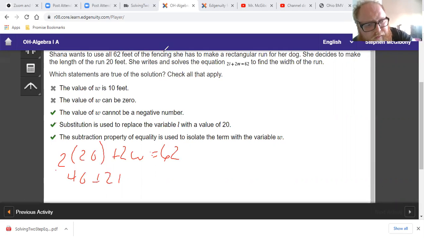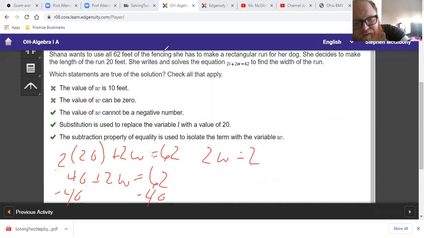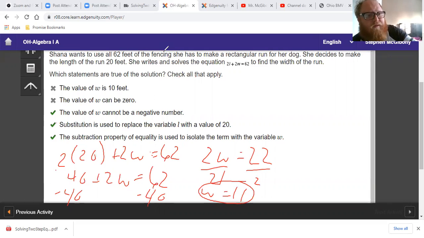Plus 2W equals 62. So subtract 40 from both sides. 2W equals 22. Then divide by 2. So W equals 11.